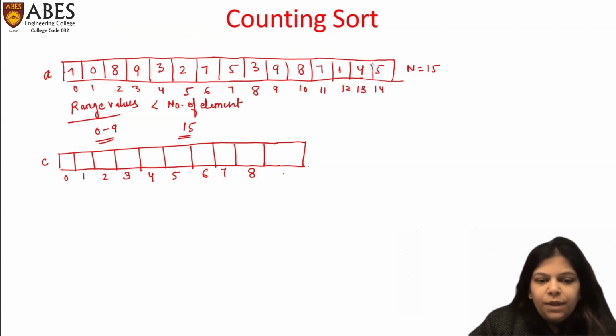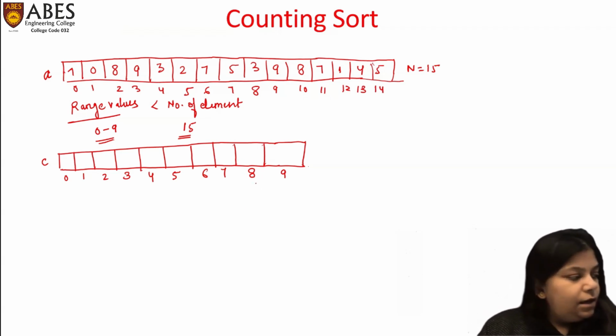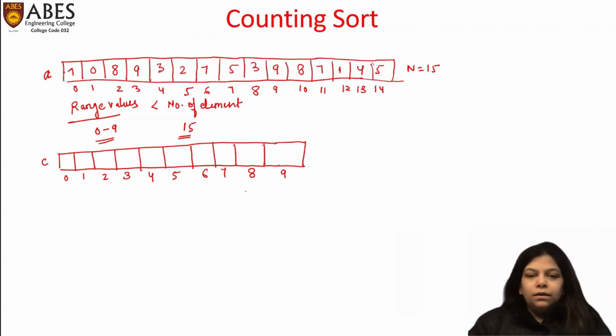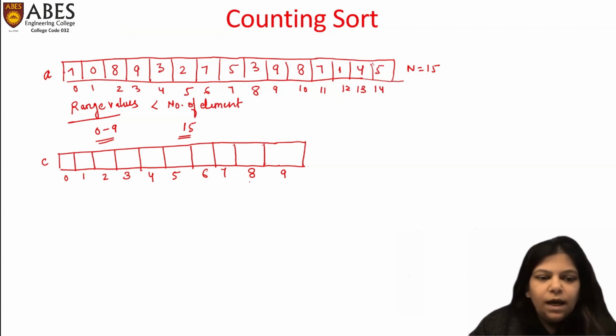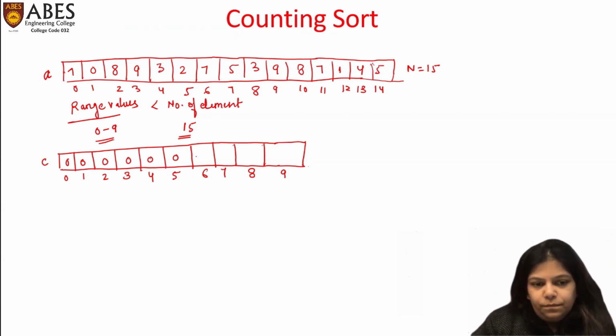I have made this counting array from 0 to 9 as the values that we are taking are one digit values and they can be from 0 to 9 only. So now, first of all, we have to initialize this counting array by 0. So let me just write 0 in each of the block of this array.